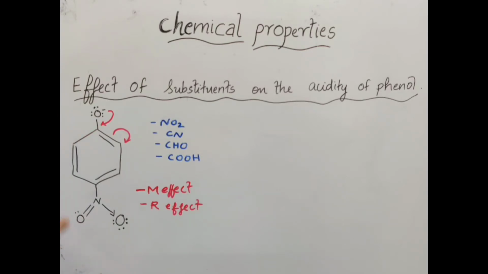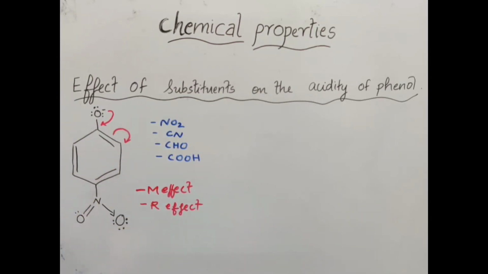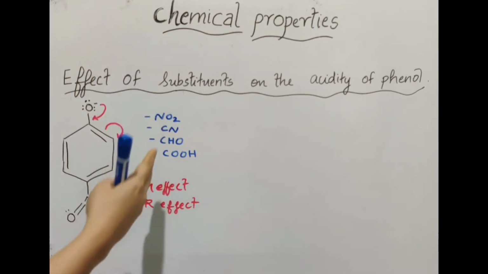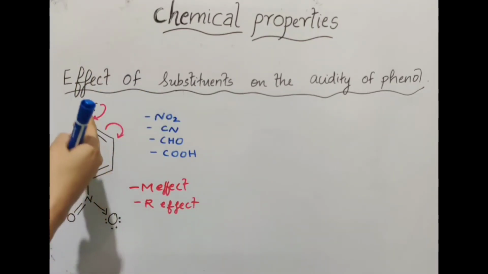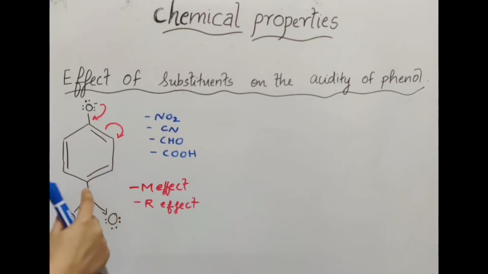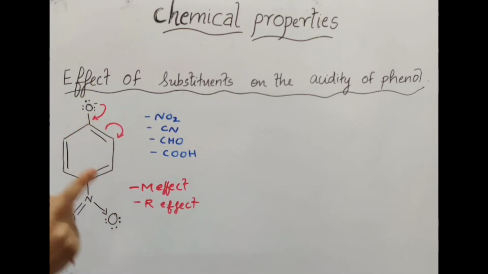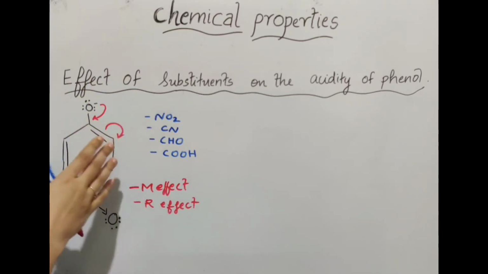But this effect on the acidic strength of phenol is more pronounced when such a group is present at the ortho and para position. That is important. Hence, we can say that para-nitrophenol has a greater tendency to donate a proton than phenol and is thus more acidic than phenol.